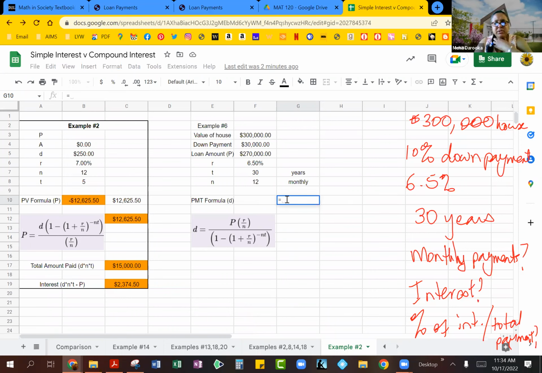Over here, we'll start with equal to PMT. Remember, your first argument is going to be R divided by N, comma. Then we do N times T for the second argument. Then the third argument is your present value or your loan amount, so that will be the $270,000.